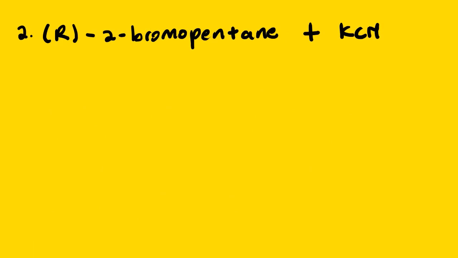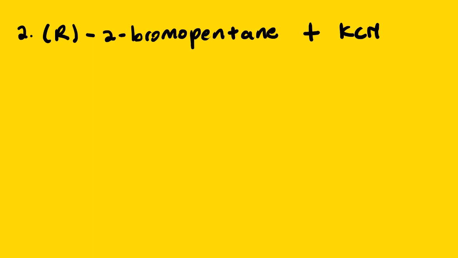Our second example is R-2-bromopentane. Now there is a lesson video that explains the R and S configuration in organic chemistry, whereby we talk about this R. What is the meaning of this R? The meaning of S? It has to do with the orientation of our Lewis structure. We have clockwise and anti-clockwise.